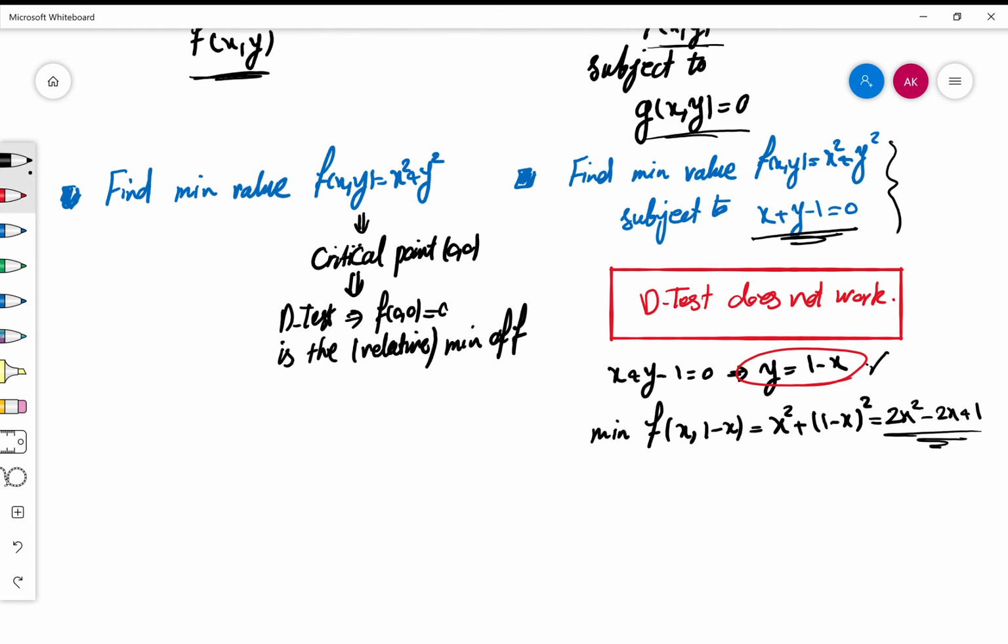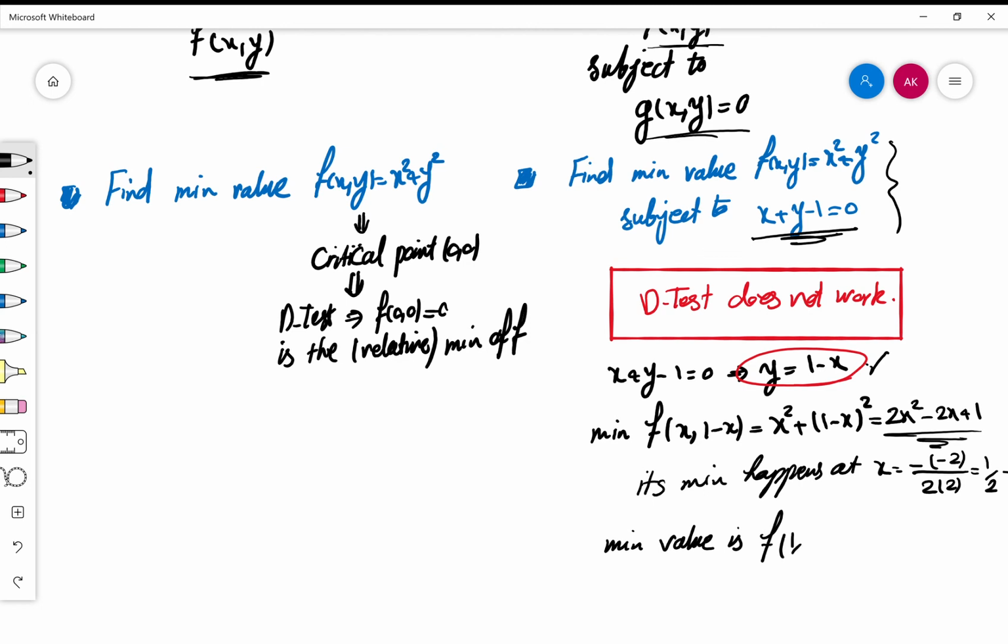And for one variable, in this case, I know that its minimum happens at x equal to minus b over 2a, which is 1 over 2, and the minimum value is when x is 1 over 2, so the point will be (1 over 2, 1 minus 1 over 2), and if you plug into your function, you get 1 over 4 plus 1 over 4, which is 1 over 2.